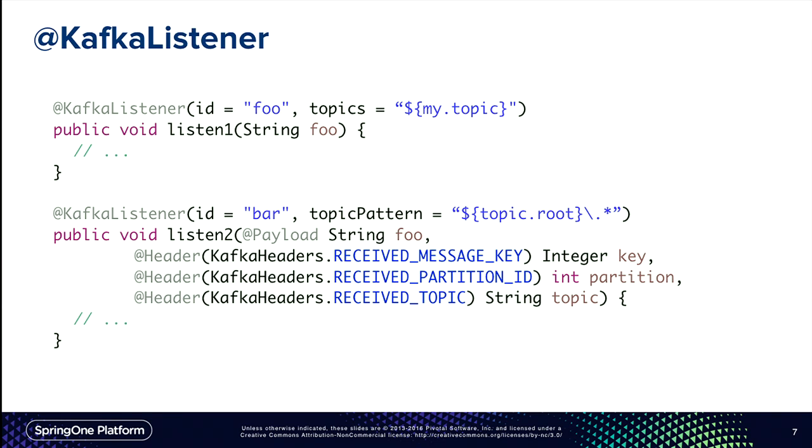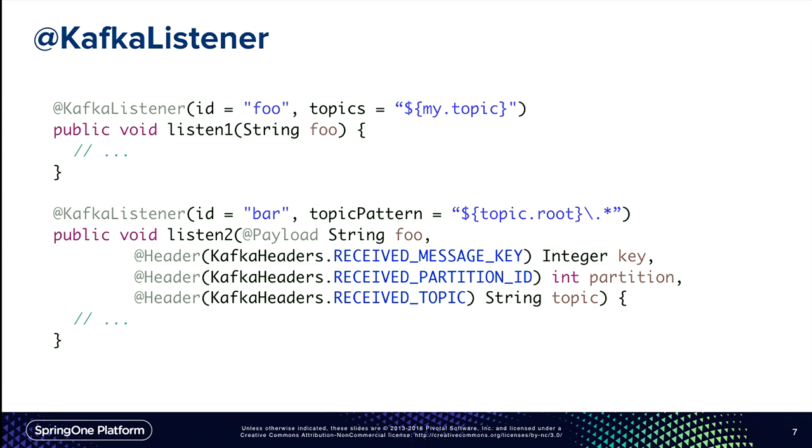With these two definitions, where we've defined either a topic or a regex pattern for the topics, these imply that the broker is going to actually do the partition assignment and will determine which instances get which particular topics.